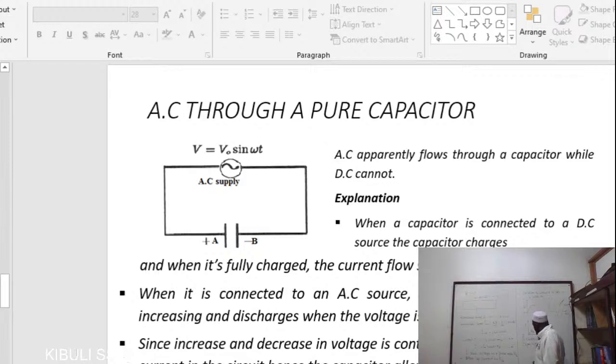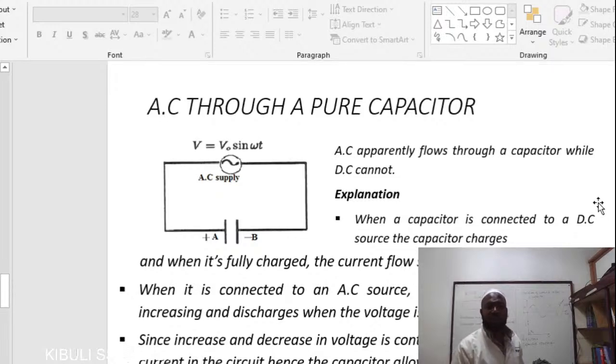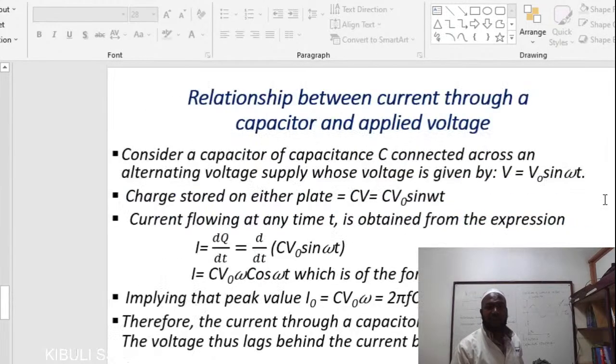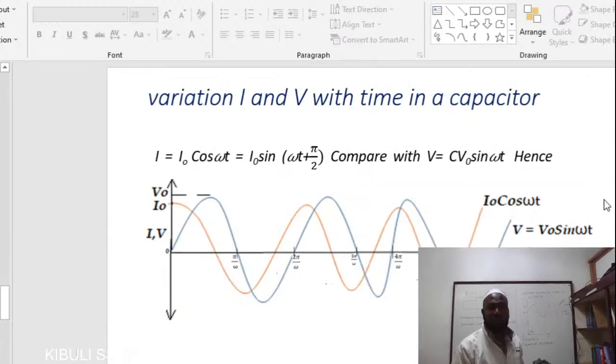Capacitive reactance is the non-resistive opposition to the flow of alternating current in a capacitor, as we see it there.